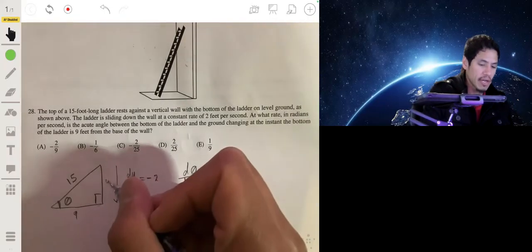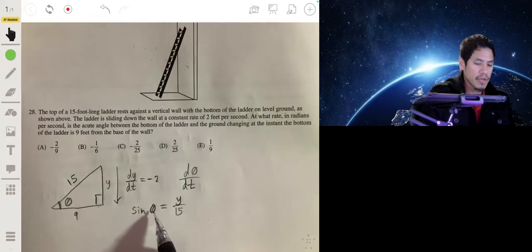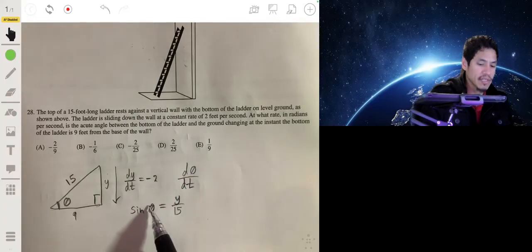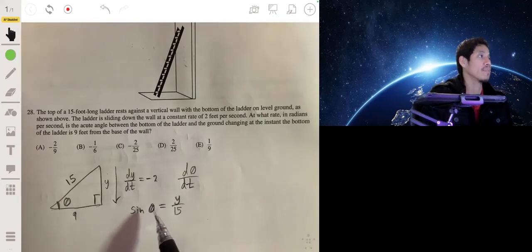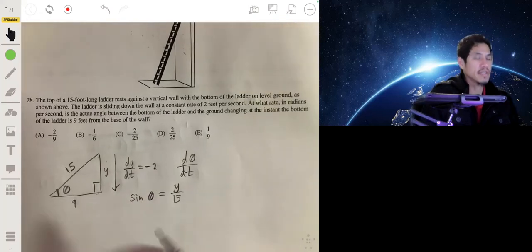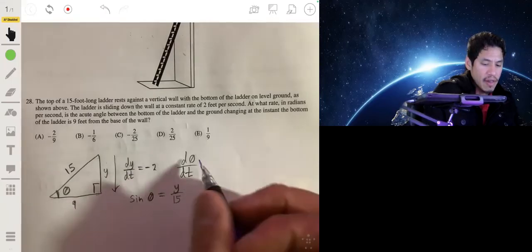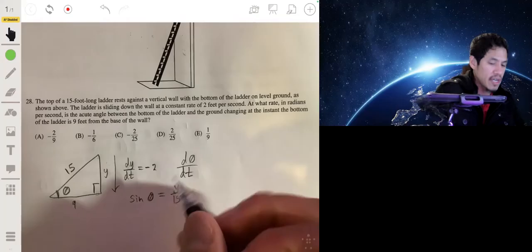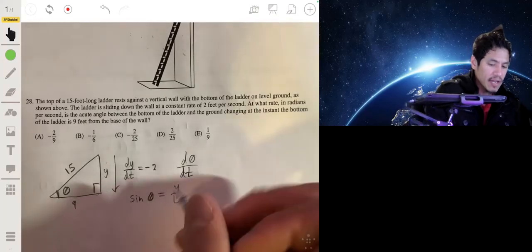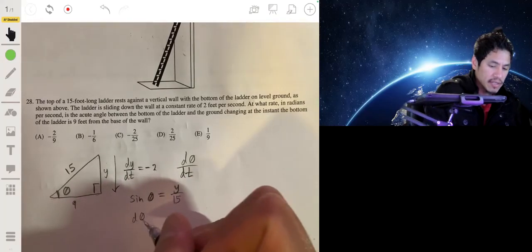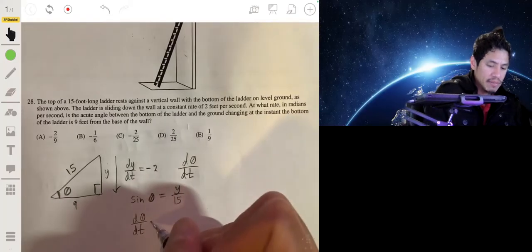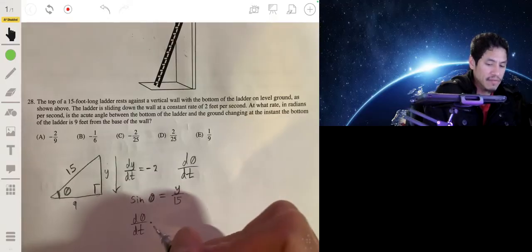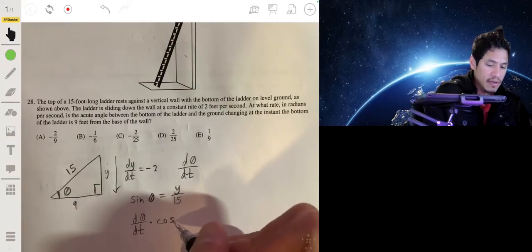This is our y. Now we can find the derivative by differentiating this, because this is a composite function, implicitly defined. If we take the derivative, we use the chain rule: we get d theta/dt times the derivative of the outside, the derivative of the sine function, which is the cosine of theta.